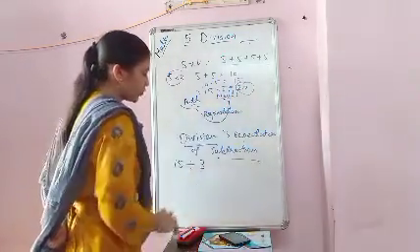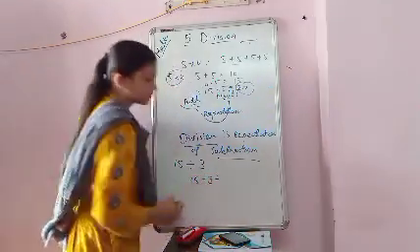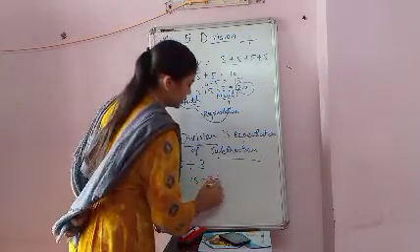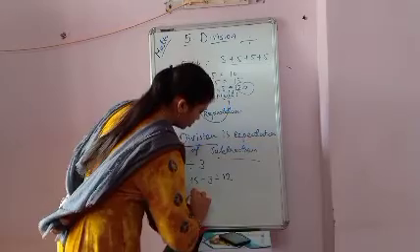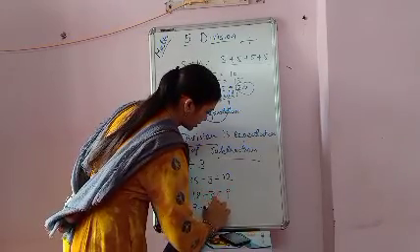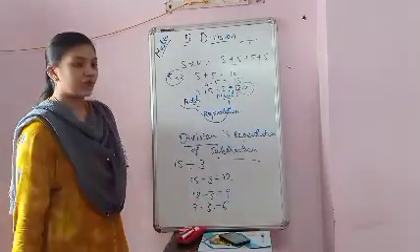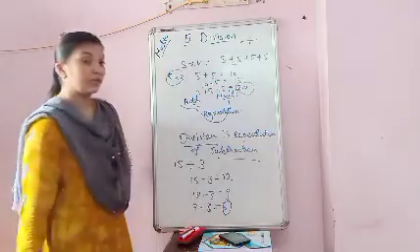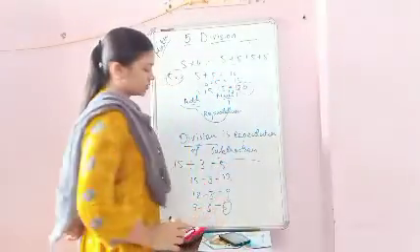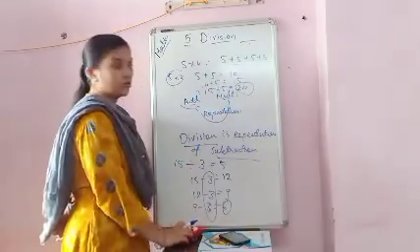In this condition, what should you do? 15 minus 3 is equal to 12. 12 minus 3 is 9. 9 minus 3 is 6. Whenever you are doing subtraction, one value will become the answer, but once you get the answer, then do the subtraction of that number, not of the divisor.